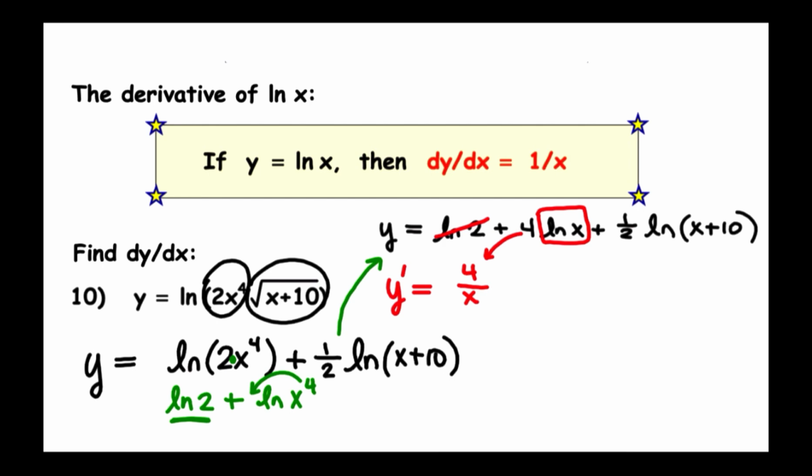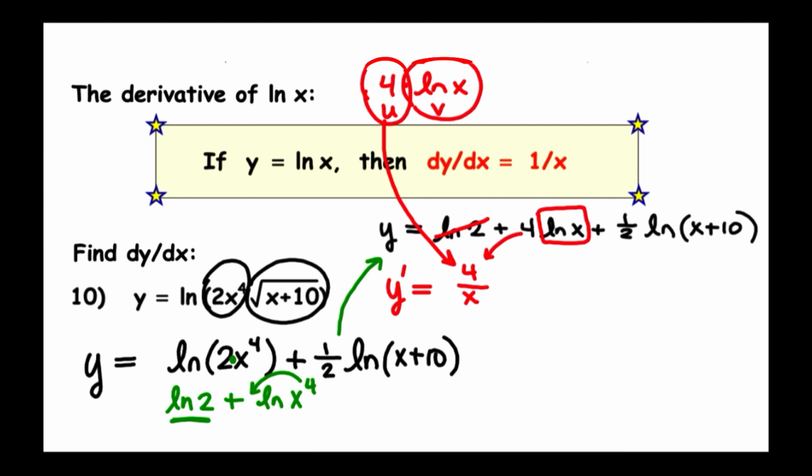That bothers some people. They're like, wait a second, what did you just pull there? I'm like, all right, fine. Here, let's do this. I can put a dot in there. If you want, I can use product rule. I don't need to. This is a bit of a waste of time, but I think it'll convince people. If you call the u the 4, and the v will be the natural log of x, you have u prime v, which would be 0 ln x, which I won't write, plus u, come on down 4, u v prime.